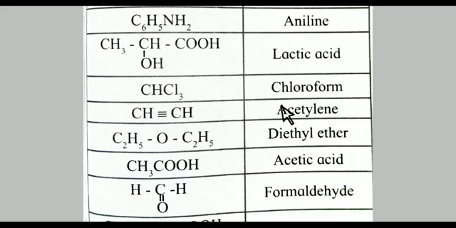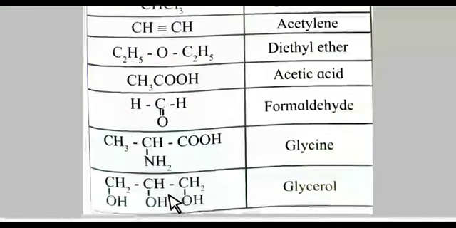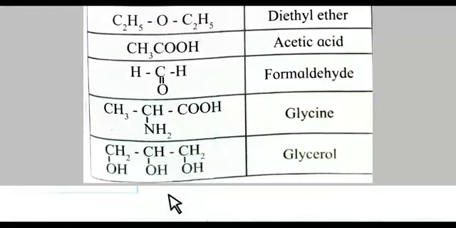Triple bond is there, means alkyne, acetylene. Two alkyl groups attached with oxygen means ether, so it is diethyl ether. R alkyl group attached with carboxylic group COOH means acid, acetic acid. It is formaldehyde, CHO group, aldehydic. Again it is amine and COOH, glycine, and it is glycerol.